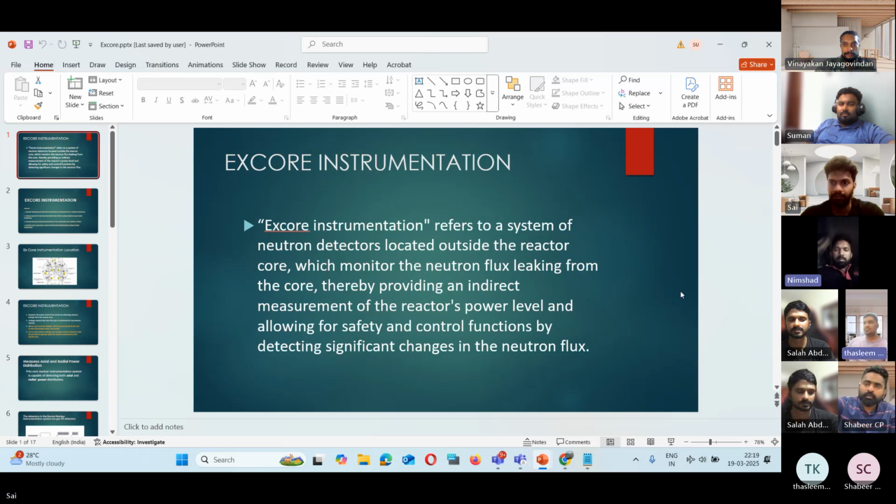Yes. Okay, so we are starting with the ex-core instrumentation.